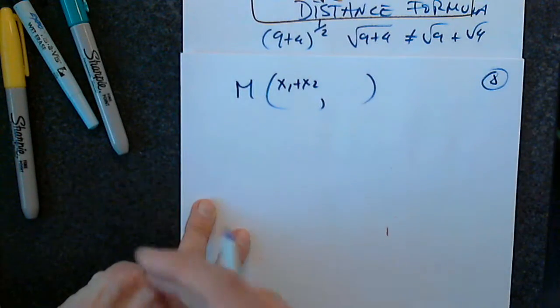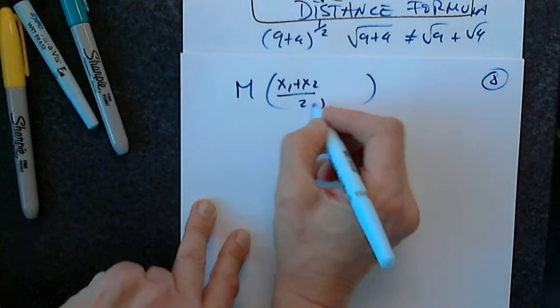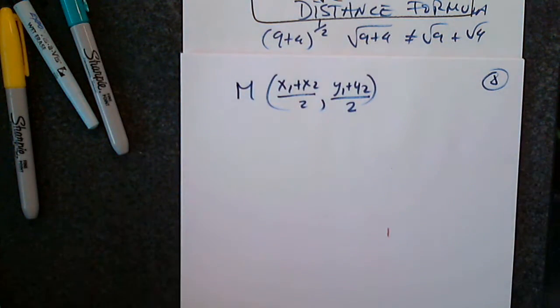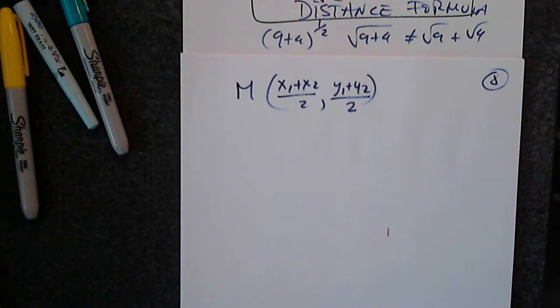By average, we mean we sum up and we divide by 2. So the coordinates of the midpoint are the average of the x values, comma, the average of the y values.